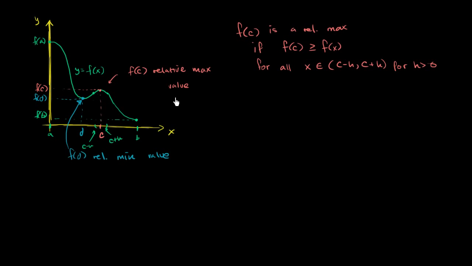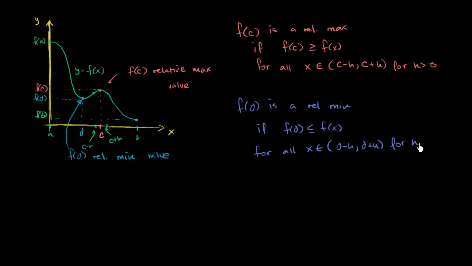And so I encourage you to pause the video, and you could write out what the more formal definition of a relative minimum point would be. Well, we would just write, let's take d as our relative minimum. We can say that f of d is a relative minimum point if f of d is less than or equal to f of x for all x in an open interval between d minus h and d plus h for h greater than 0.